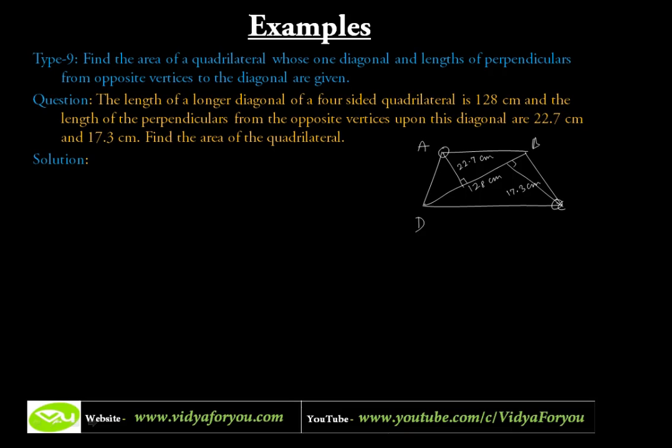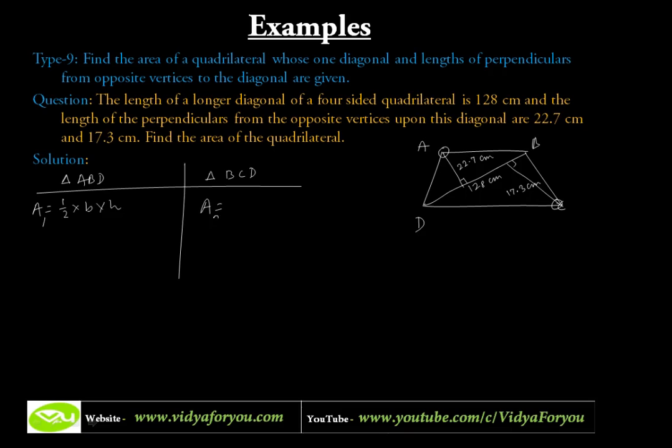Now it's very much visible. So we have two triangles, triangle ABD and triangle BCD. For both, area will be half into base into height.